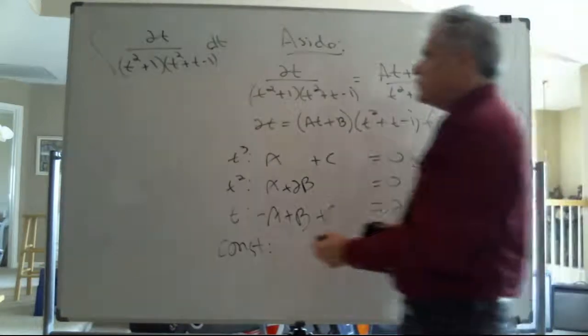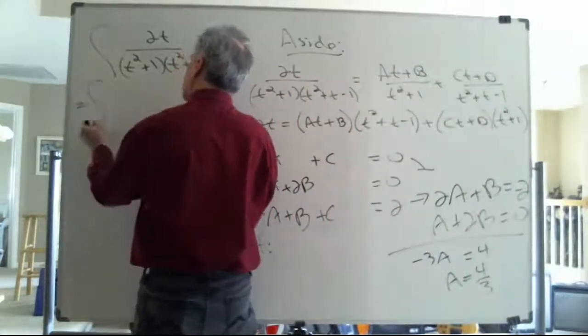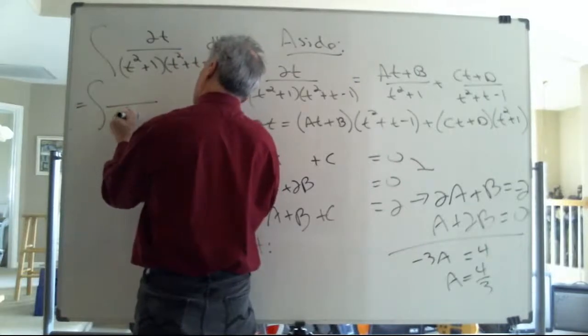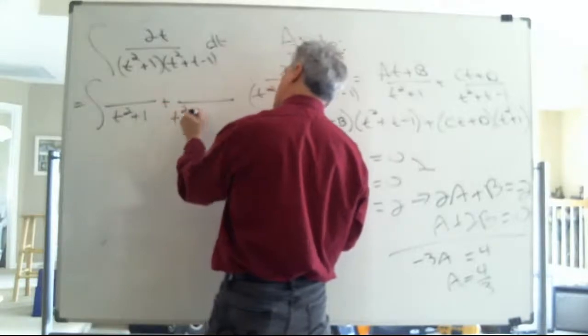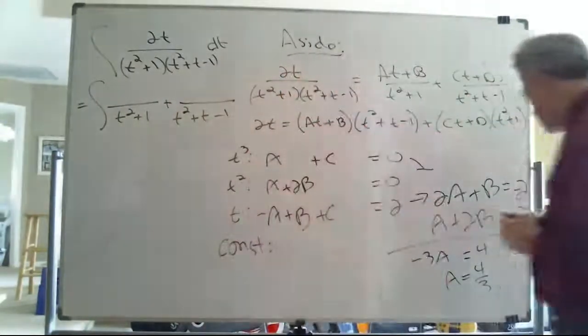So, looks to me that I'm committing to partial fraction decomposition. My A is 4/3.